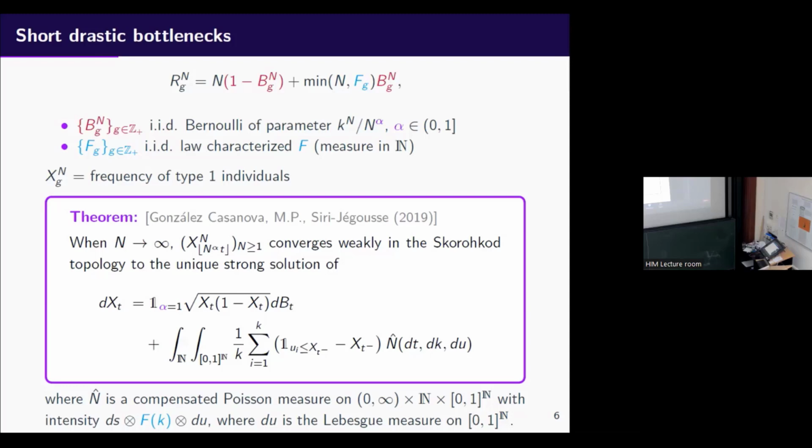If you take a sequence of Bernoulli random variables, whenever a uniform in 0, 1 is smaller than the frequency, the individual that survives is of your type of interest. Then you count how many individuals of your type survive the bottleneck, and if it's 3, you jump to 3 divided by k.